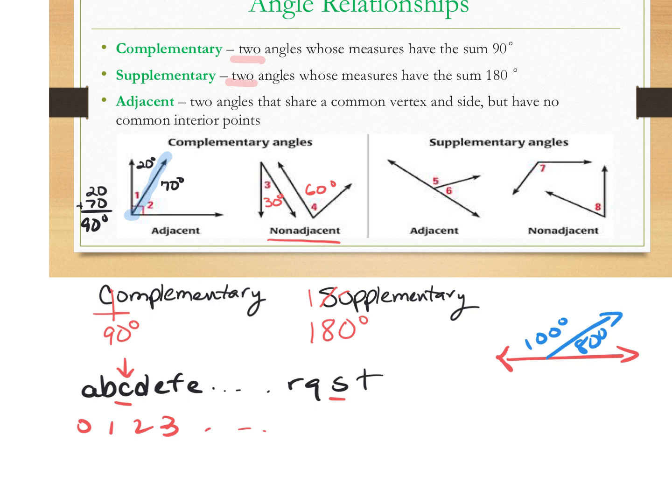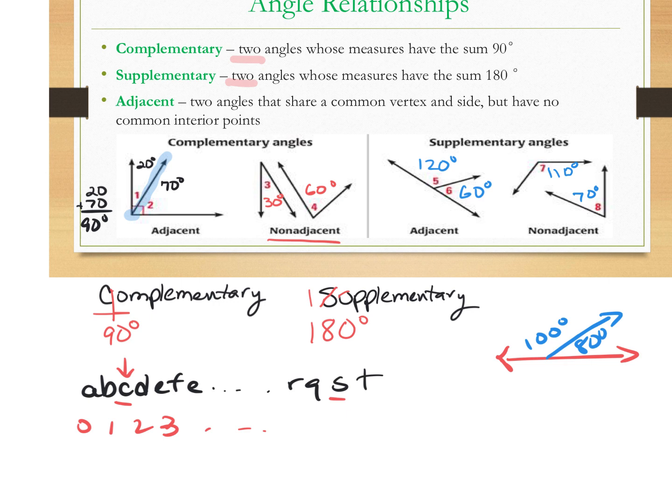So same thing here. If I told you this was 120 and I asked you to find the other one, you could just subtract 180 minus 120 and you can see that the missing one would be 60. Same thing here. Let's say this is 110. So then this one would be 70, if you are told that 7 and 8 together are supplements.